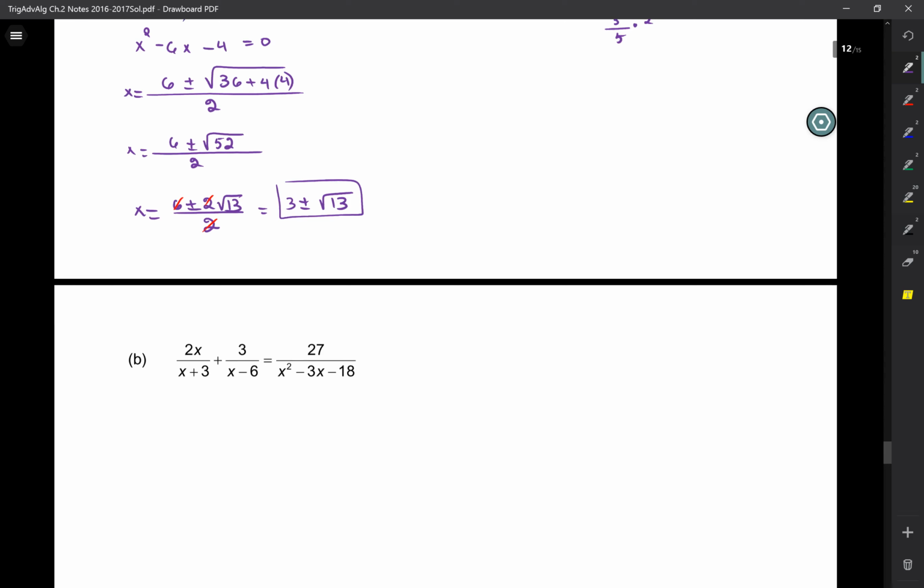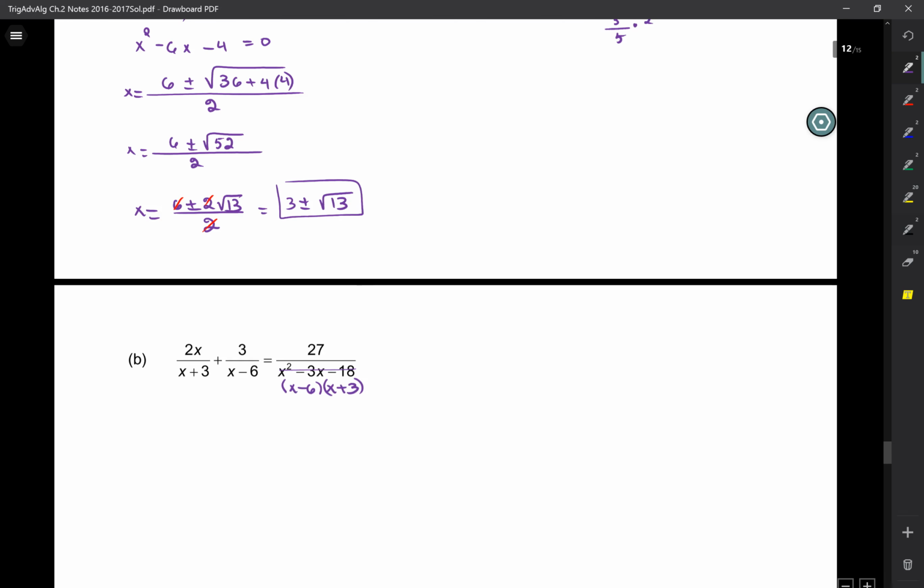Look at this next example. Is there anything in the denominators that can be factored? This can be factored here, so I factor it, and I get x minus 6, x plus 3.